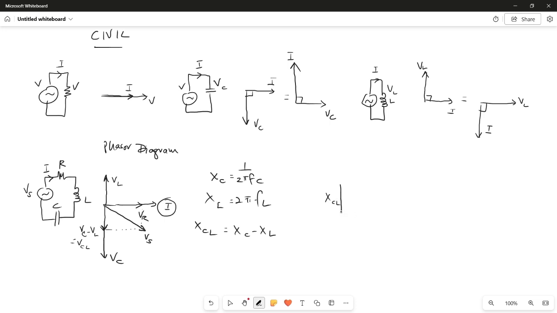My resistor is, my resistance is horizontal there, like this. And so the total impedance of this whole circuit, Z, is here, right? And this is my impedance triangle.